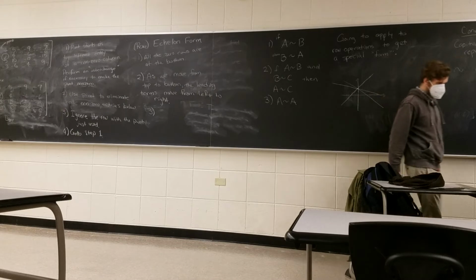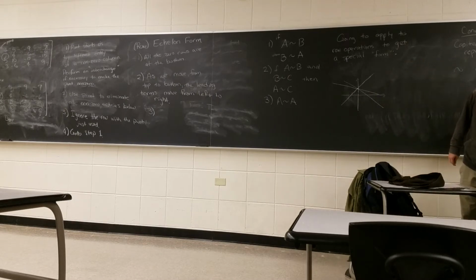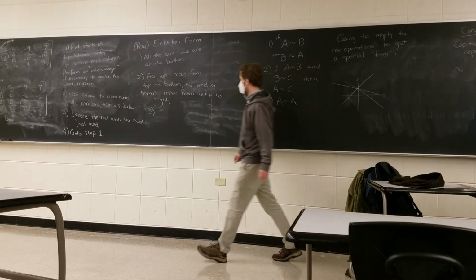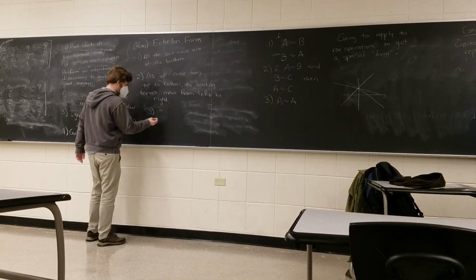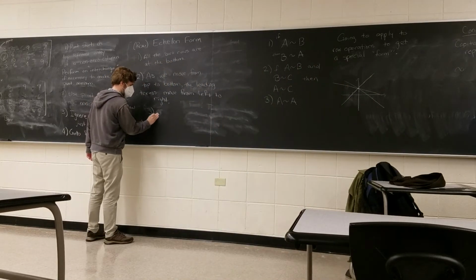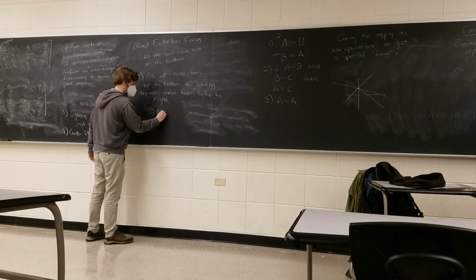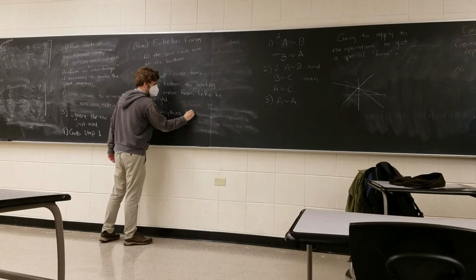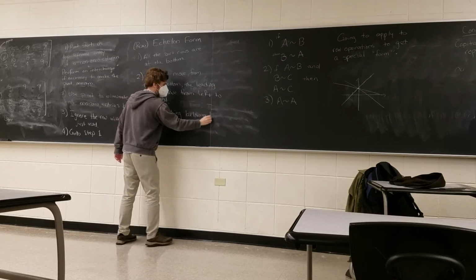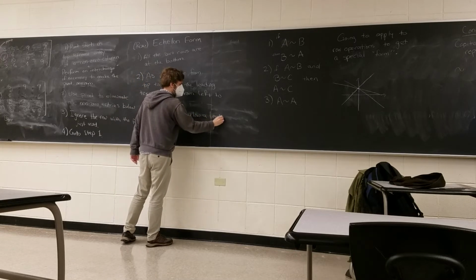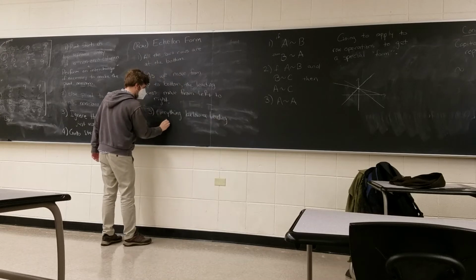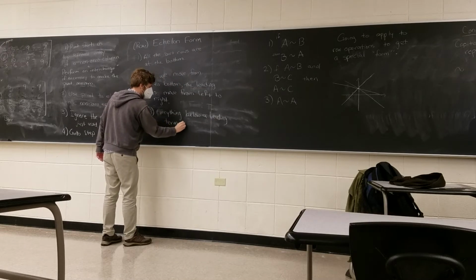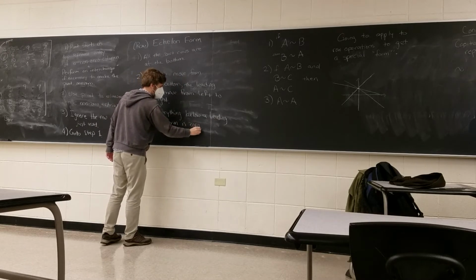Okay, and the third one, the book says all entries in a column below a leading entry are zeros. That's fine, it is. So everything below a leading term is zero.